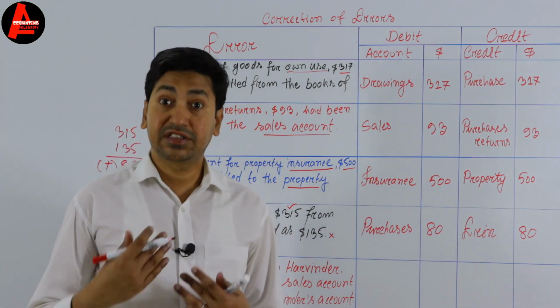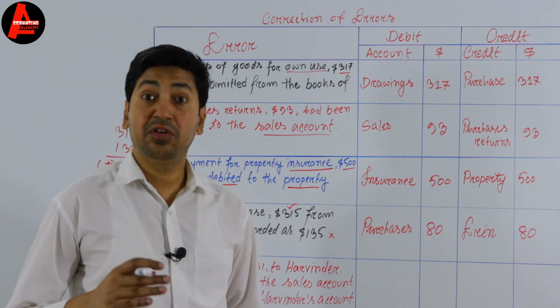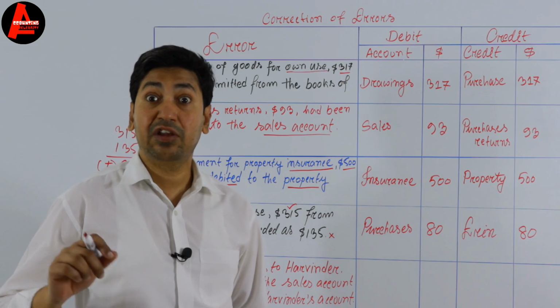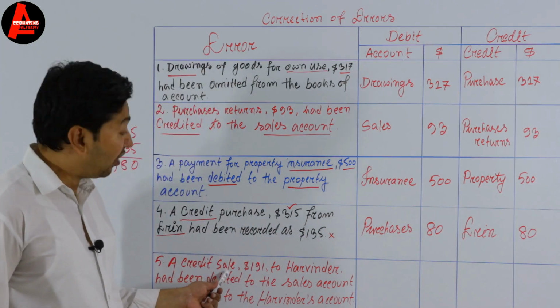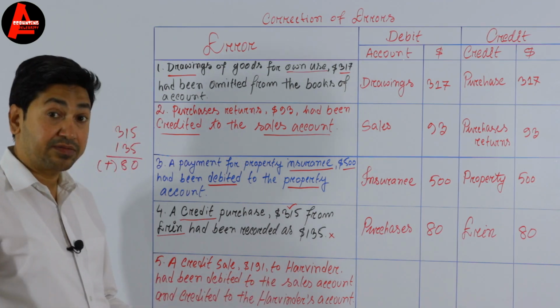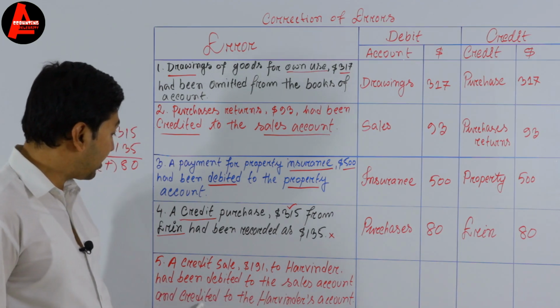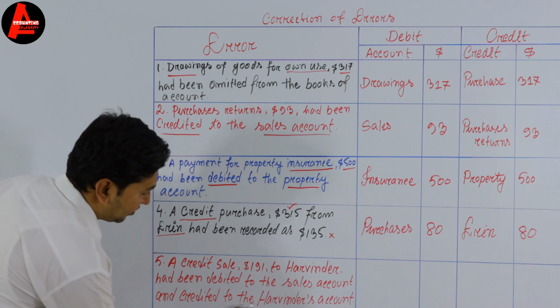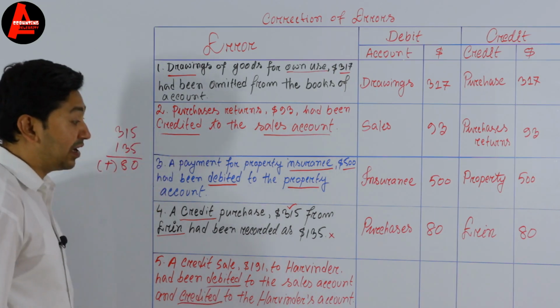So sales revenue is increasing, and an increase in revenue will be credited. So if sales is credited, what will be debited? Harvinder, right? But mistakenly they wrote it upside down. They wrote sales debit and Harvinder credit, which is completely incorrect.